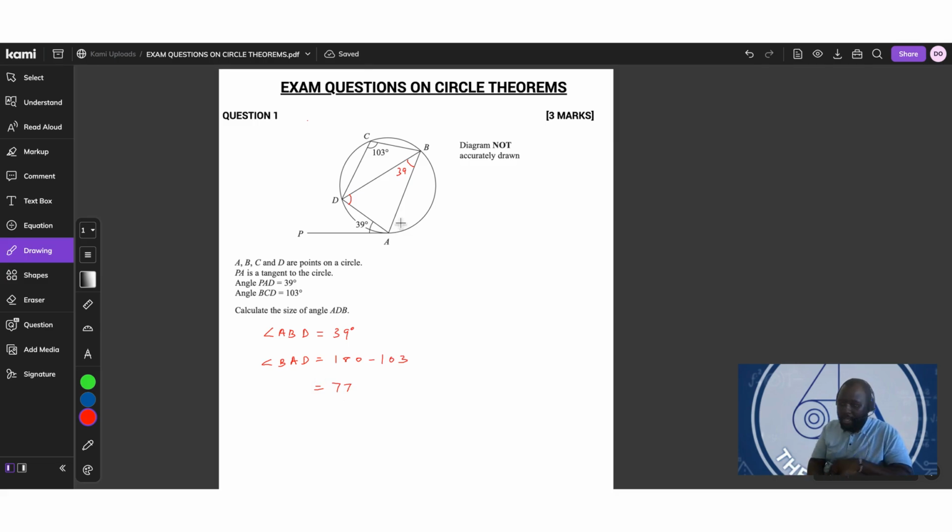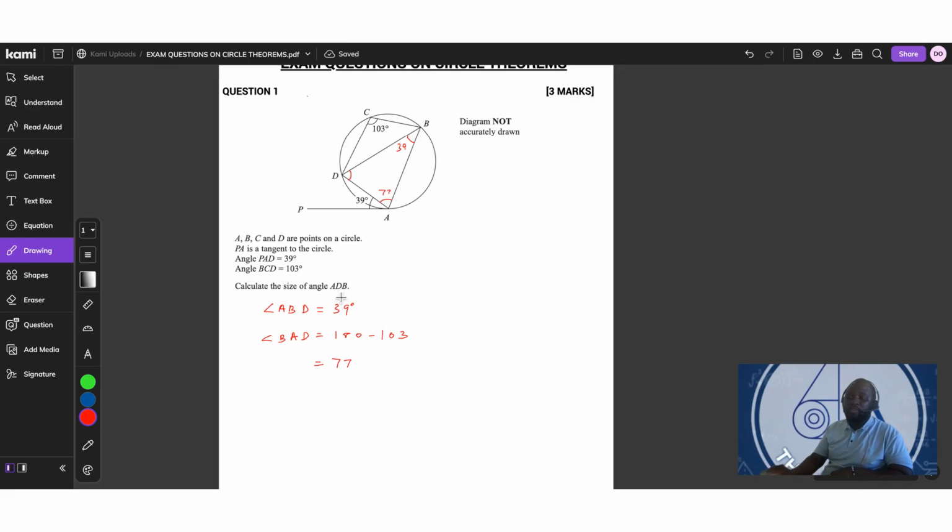So now we have our second angle, which is 77 degrees. That leaves us with the angle that we have actually been asked for in the question, and that is angle ADB. Now, ADB is a triangle, and angles in a triangle add up to 180.